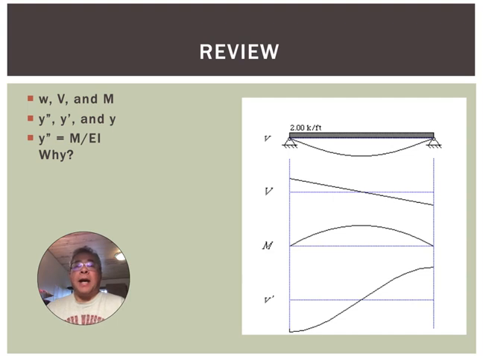And so here we have the load, shear diagram, a moment diagram, and the integral of the moment diagram, M over EI, is a slope. So we have the slope here. Okay, so let me use my tablet.